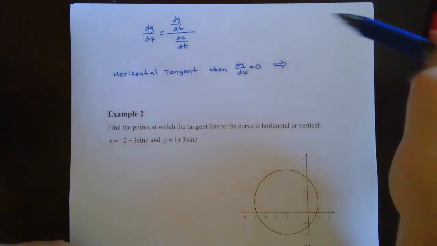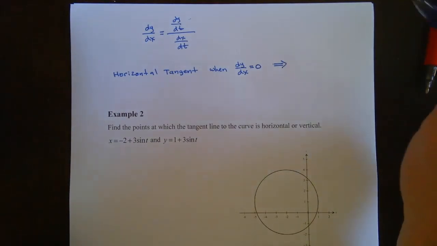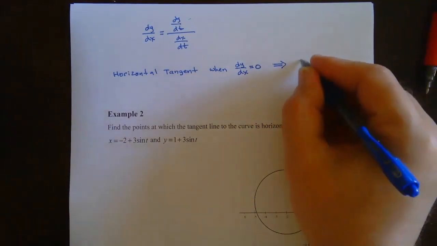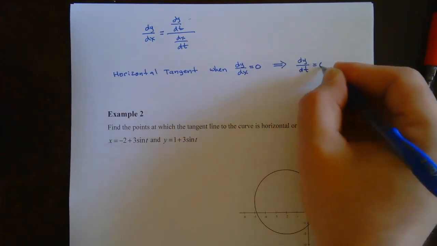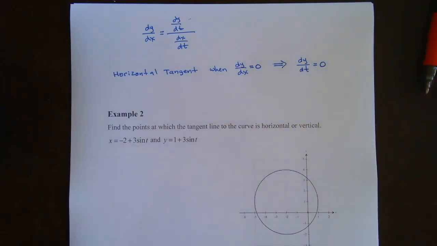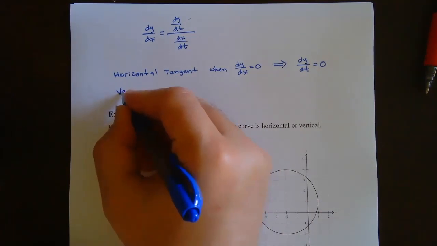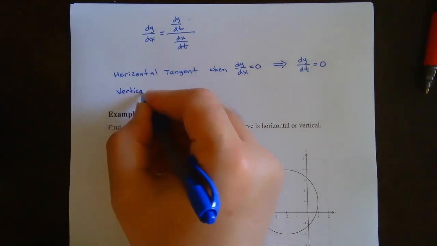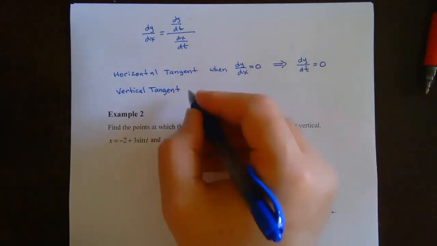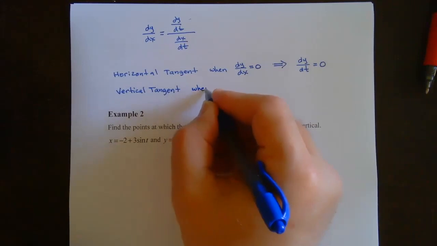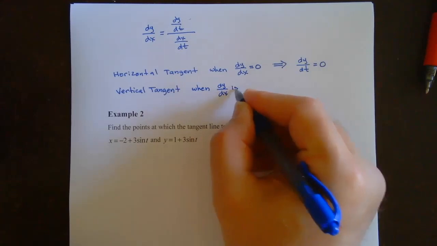So we can find when you're going to have horizontal tangents when dy over dt is equal to 0. In parametric, it translates to this: dy over dt is equal to 0, and that would be when we know we have a horizontal tangent. How about a vertical tangent? A vertical tangent is going to happen when dy over dx is undefined.